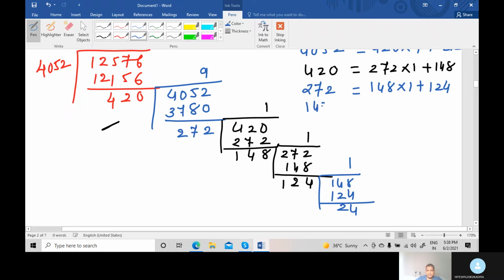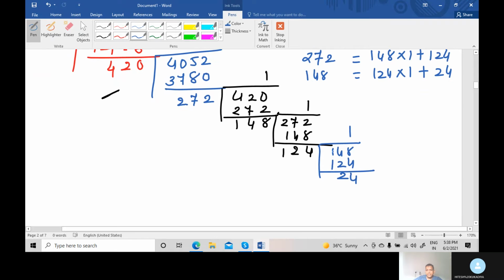Okay, idea. 148 equal to 124 into 1 plus 24. Clear? Okay. Now 24 outside, 124 inside. 24 5s are 120, 4 is the remainder.